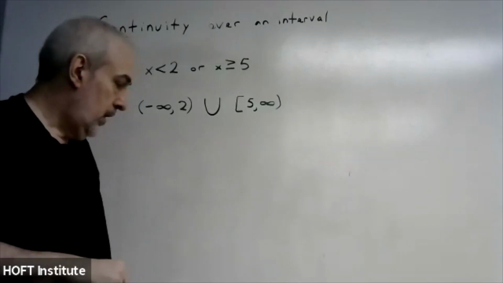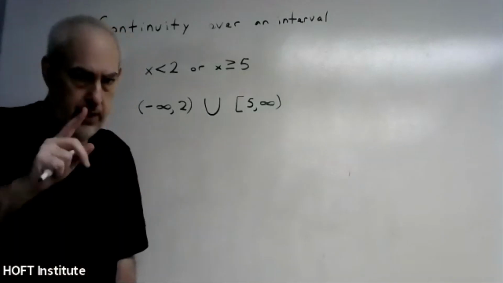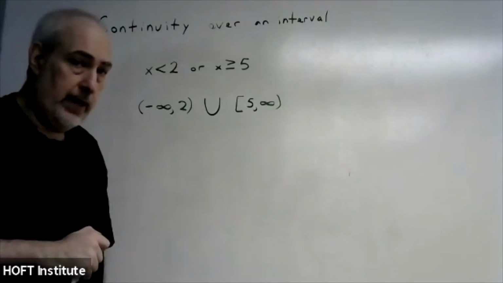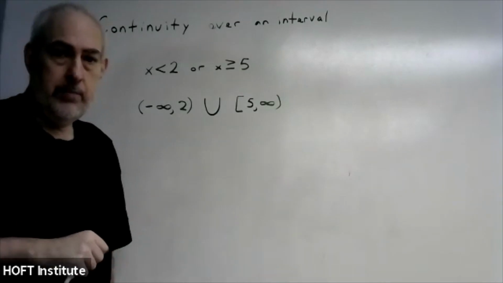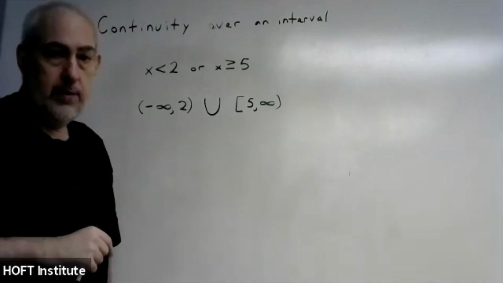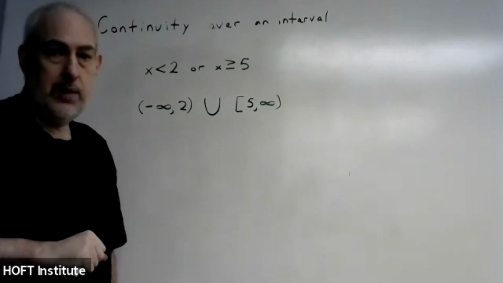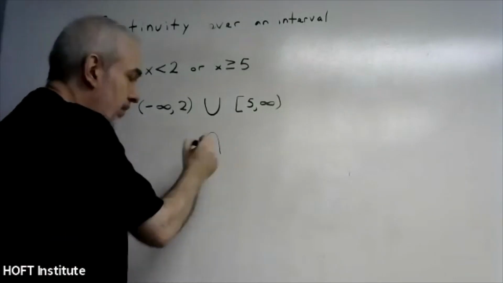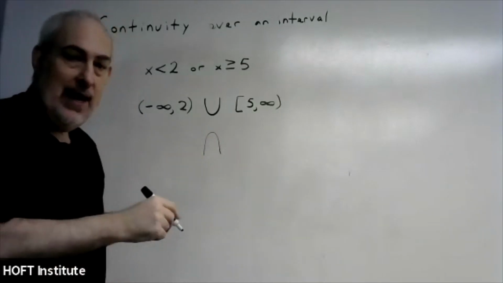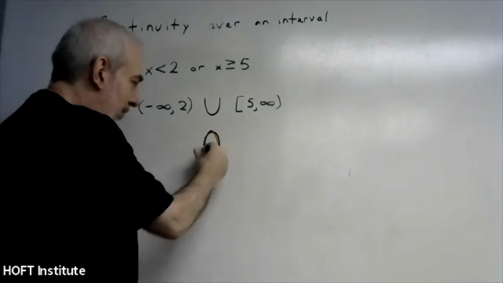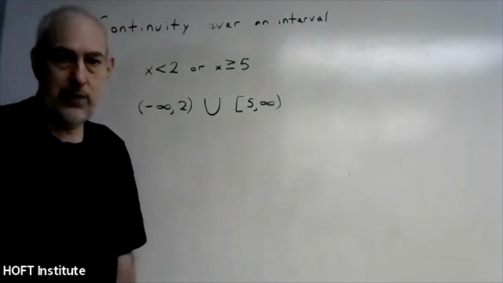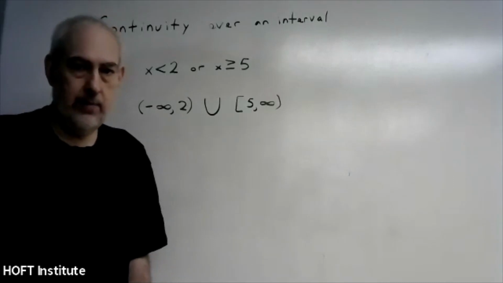There's another operator called the intersection, but it's not needed to write a final answer for an interval. The intersection would be like "and," and it would be an upside down U like that. Anyway, like I said, it's not needed to write final answers, so I won't talk about that anymore.